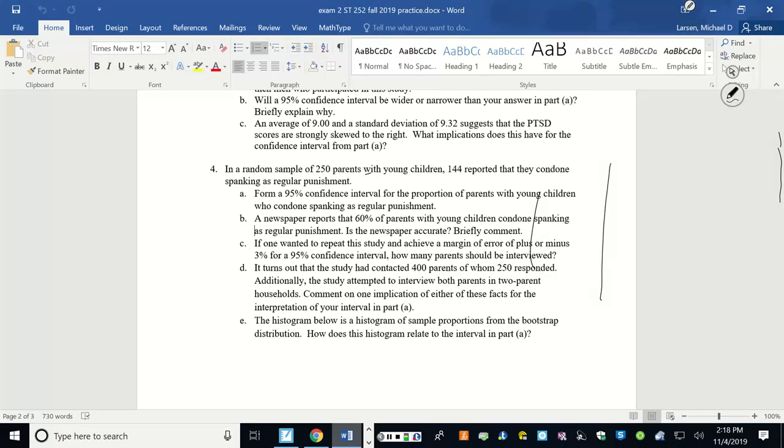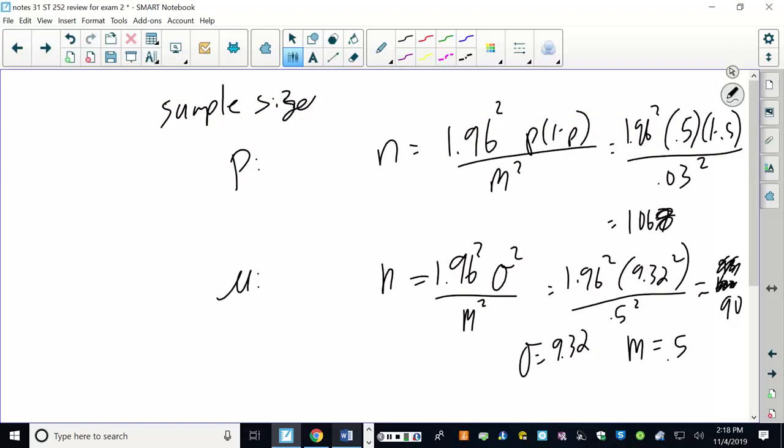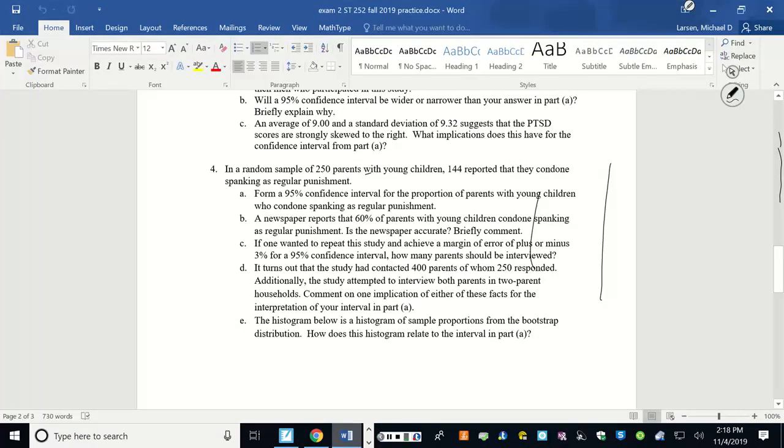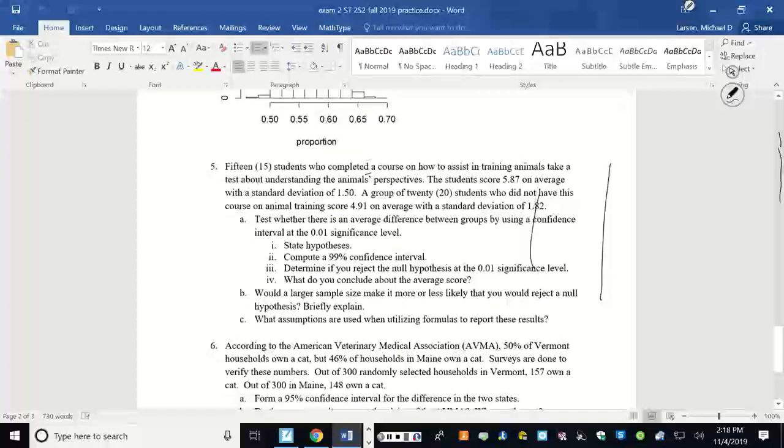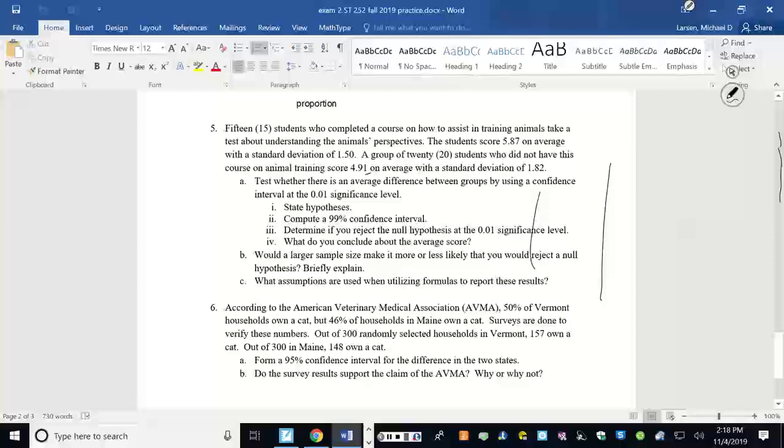The other couple of problems that are on there: there's a couple groups, 15 students who did a training program, thinking about understanding animals, and they get a score, and 20 students who did not, and a difference.